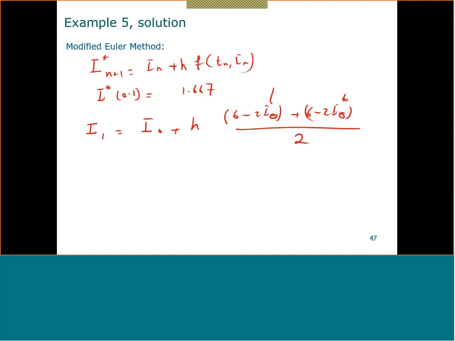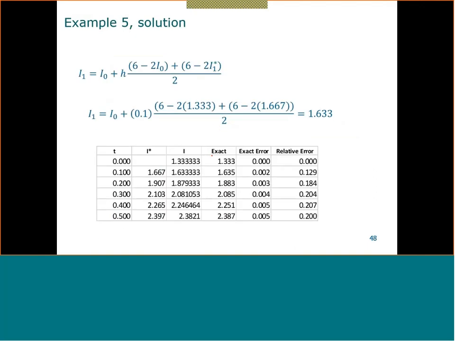So this is 4/3, and this is 1.667, and h is 0.1, and this is the initial condition, which is 4/3. So we have everything here. If we substitute, this becomes equal to 1.633 amps.